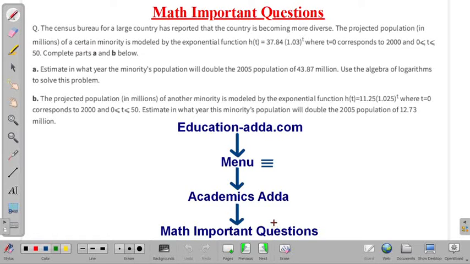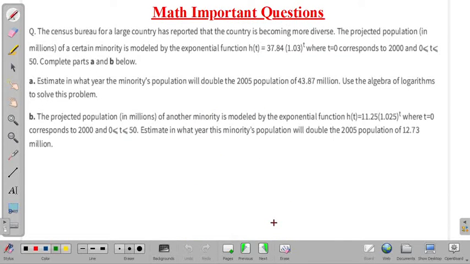Okay friends, coming back to the given problem, see what is given here. The Census Bureau for a large country has reported that the country is becoming more diverse.